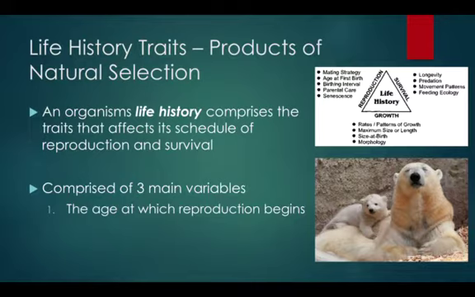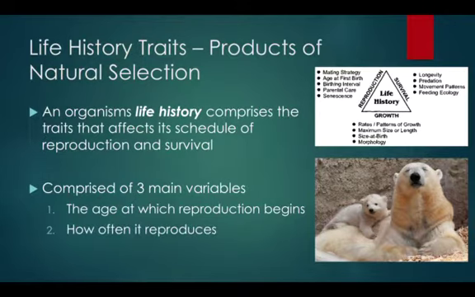Usually this is around, and obviously I would never promote this ever, but usually around 12 to 13. When you're talking about things like mice, they can start reproducing within their first year of being alive. So pretty big differences in when different organisms can start reproduction.